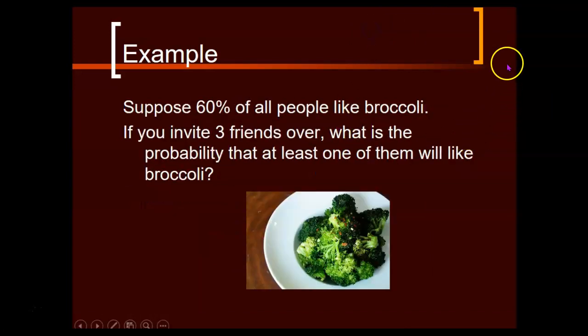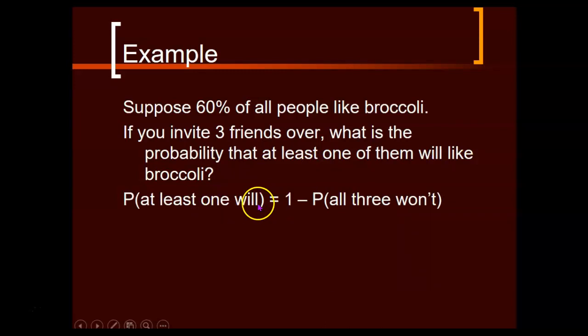Next example. Suppose 60% of all people like broccoli. If you invite 3 friends over, what's the probability that at least one of them will like broccoli? Okay, at least one will is the complement of none of them will, that all 3 will not. The first one will not, and the second one will not, and the third one will not.